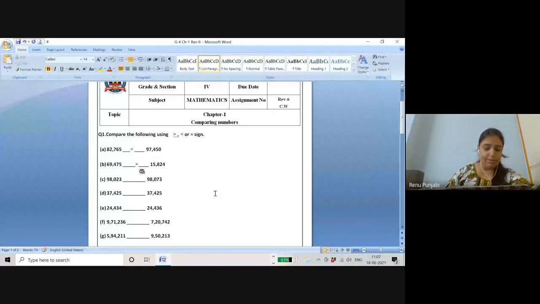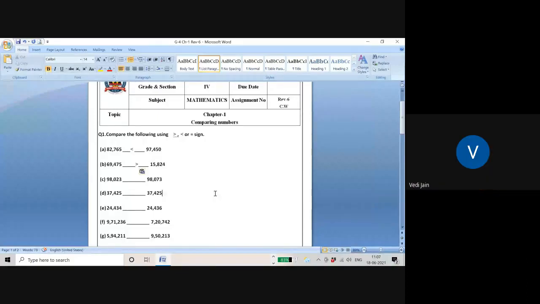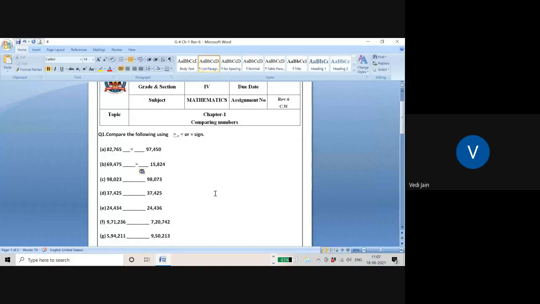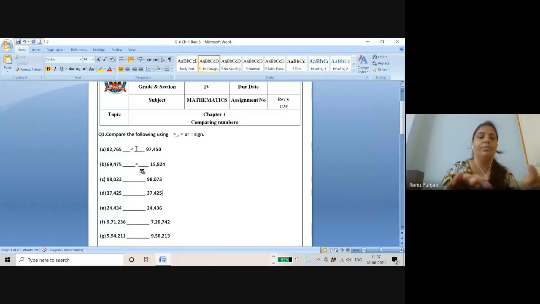The next will be read by Vedi. Yes, read. 98,023 and 98,073. The greater number is 98,073. So when you read this, after putting a sign, wait, I will put a sign for you. How will you read this number? Start reading from the beginning.